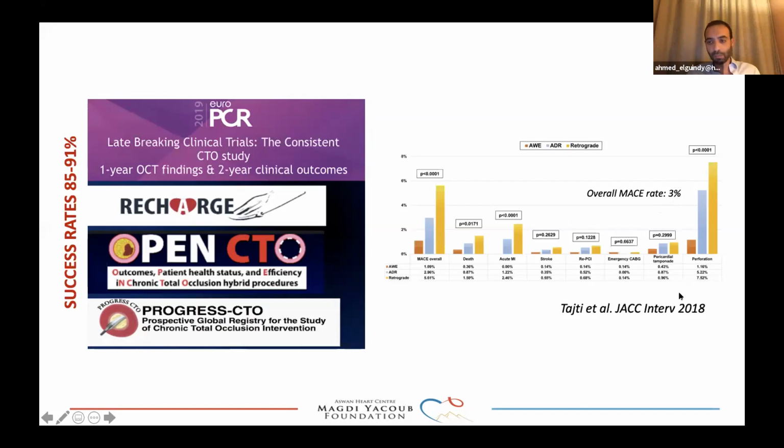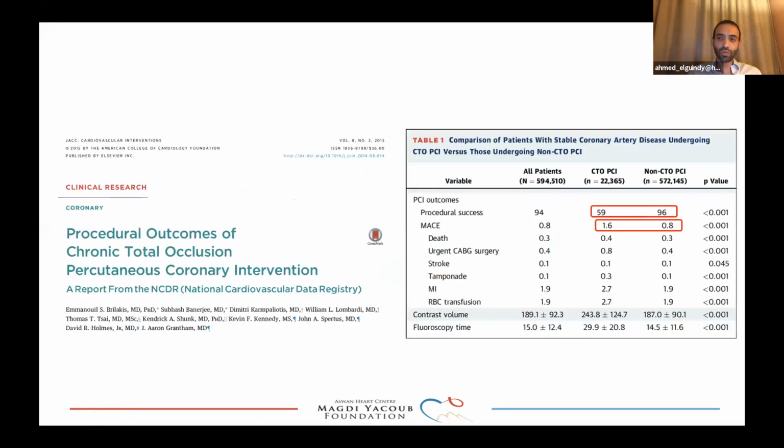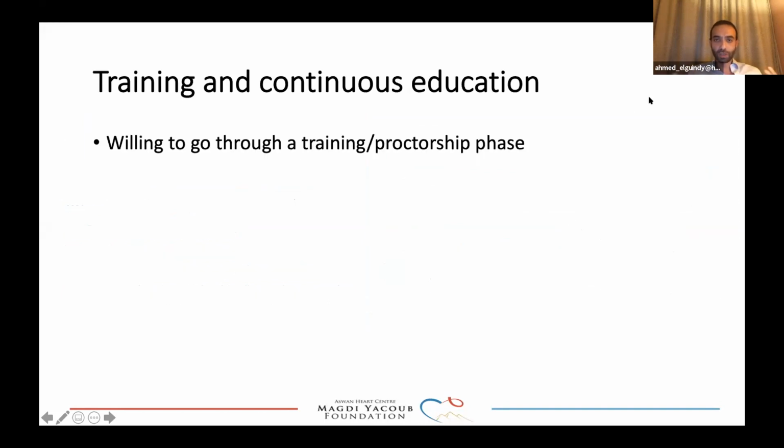The recent unpublished data from Progress CTO is that the overall MACE rate has fallen to 1.8%. And this is what I was mentioning earlier with the NCDR, a 59% procedural success rate in non-CTO dedicated or specialized centers. So you can see the contrast between a dedicated program and non-dedicated program.